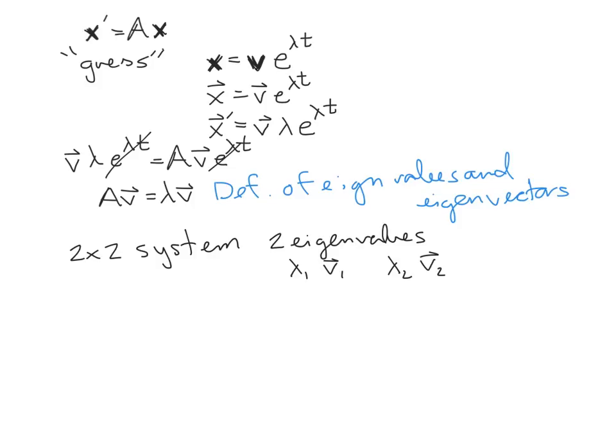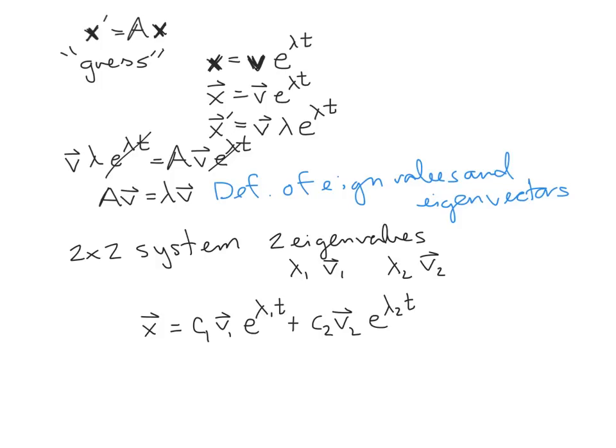You've seen this before. If you have more than one solution, you stick constants out in front and add them together. So our full solution is going to look like C1 eigenvector 1 times e to the lambda 1 plus C2 v2 e to the lambda 2 times t. So essentially this was section 7.4. It basically has principle of superposition in there.